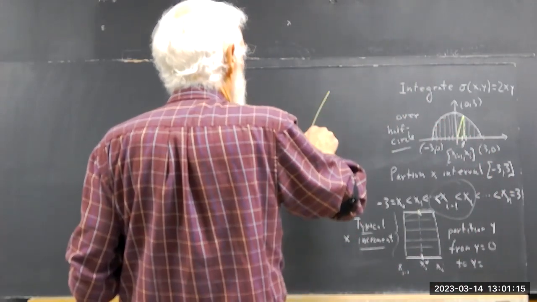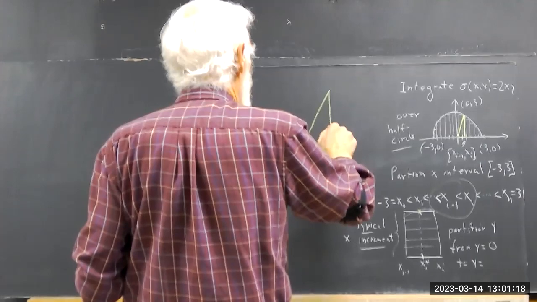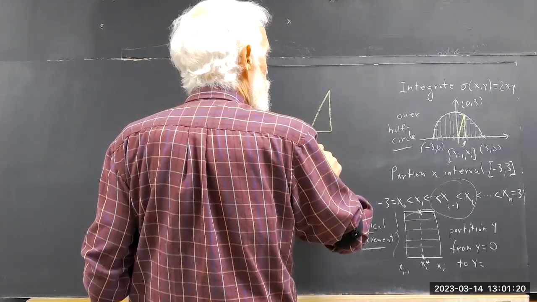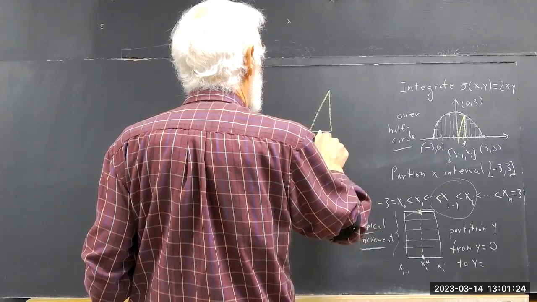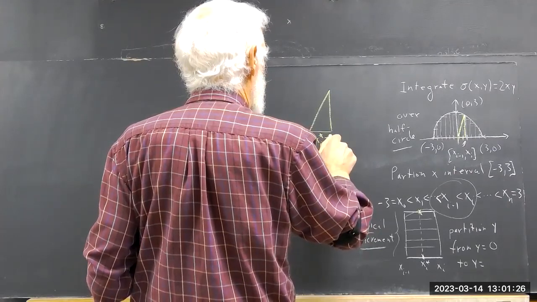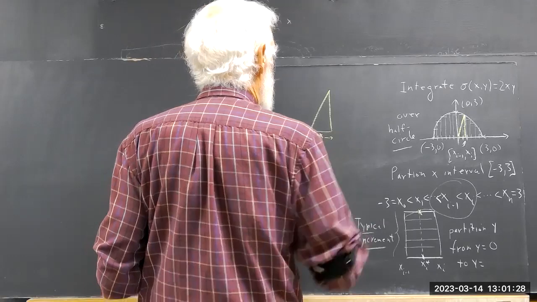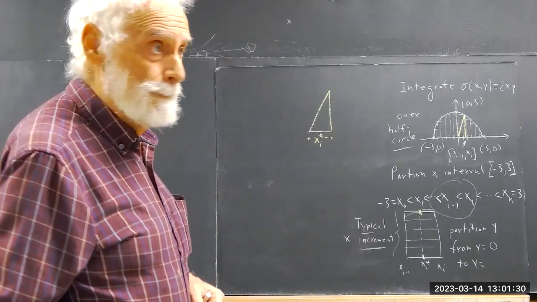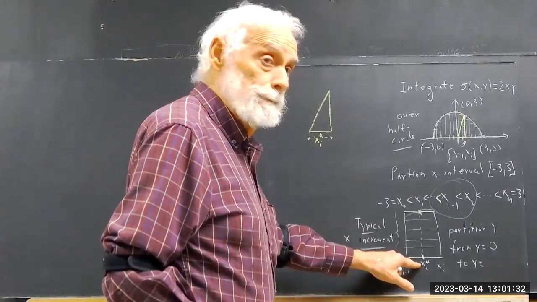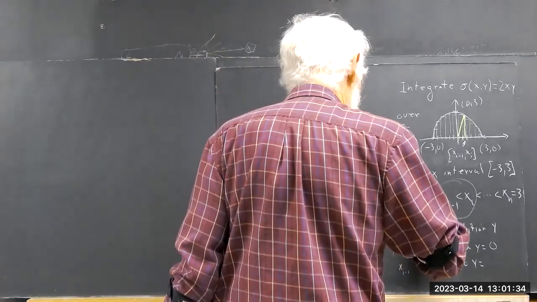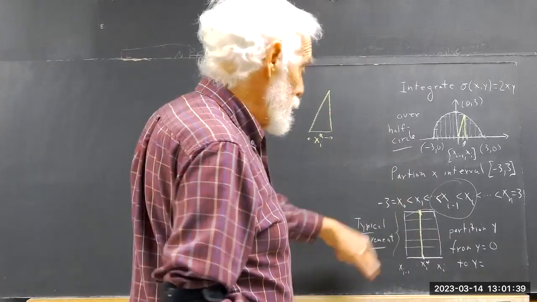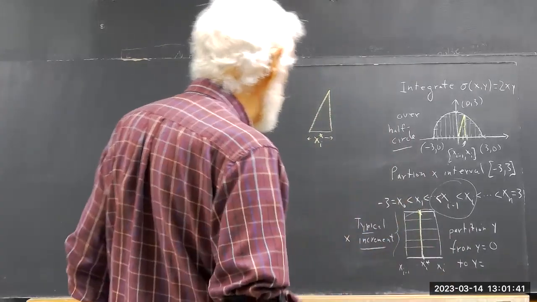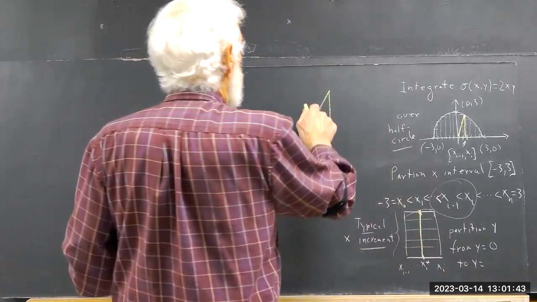What are the dimensions of this triangle? Well, from here to here is x_i star. Then the triangle goes back to the origin. I'm not going to draw here because the whole thing is distorted like it is. And we got 3 here.